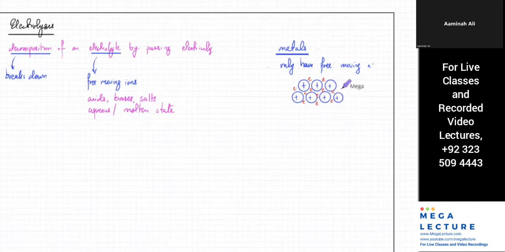So when electricity flows through a metal, electrons are flowing, or charges are moving around, right? Electrons come from one side and electrons go out the other side. That's it. The structure does not change at all. Is that clear? So in metals, no decomposition products are produced.